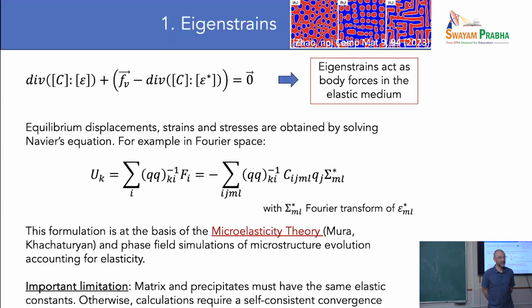The best thing to do is like for a vacancy, so you cannot really take it to zero. The best thing to do, and we're going to see afterwards, is you assume that there is an eigenstrain inside your void, and then you use an atomic scale simulation to tell you, because we're going to see that we can measure eigenstrains using atomistic simulations.